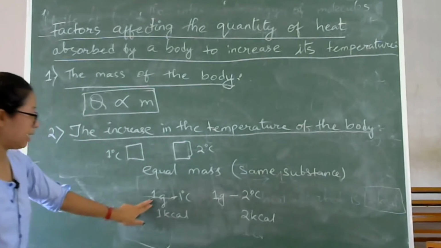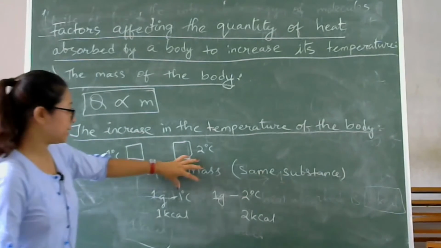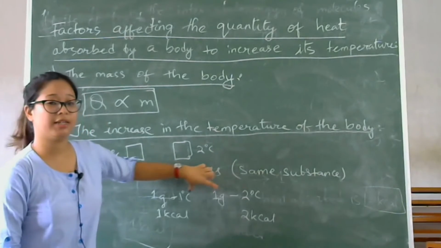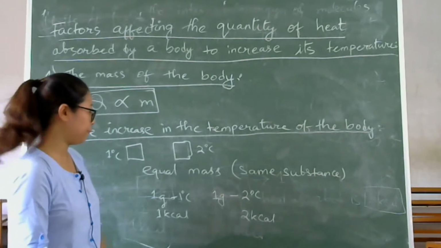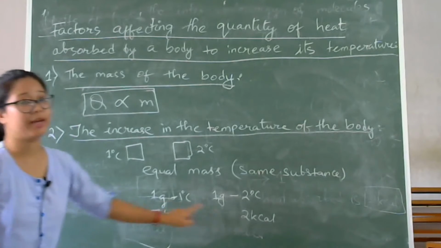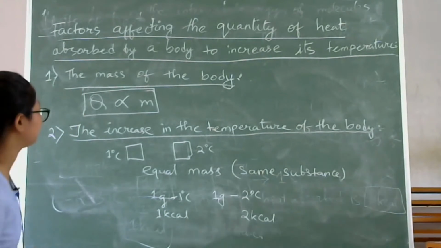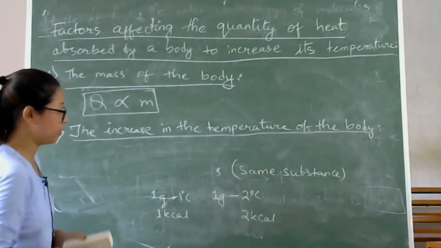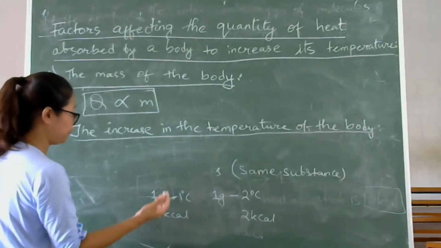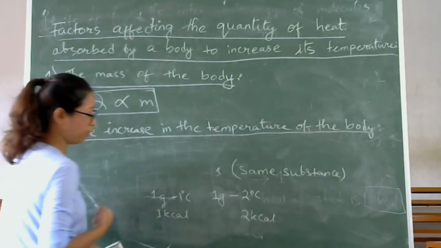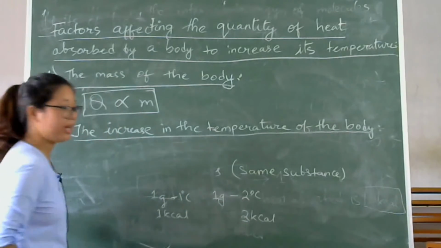So from this example, what do we see? Since there is a difference in the rise in temperature, the heat absorbed by the two objects will be different. And we also see that if the rise in temperature is more, then the heat absorbed will be more.